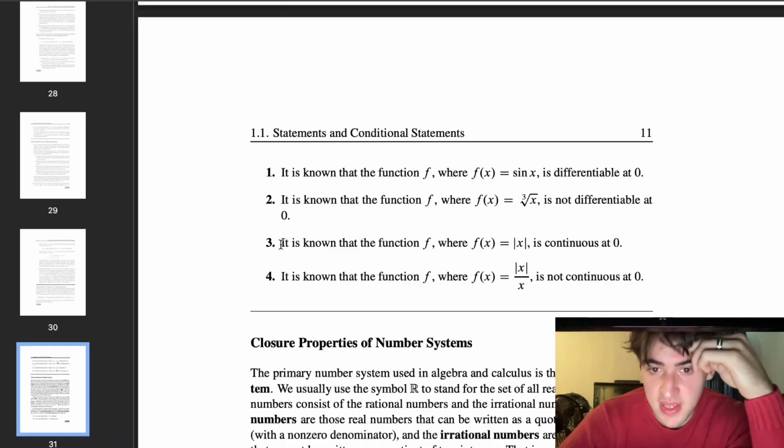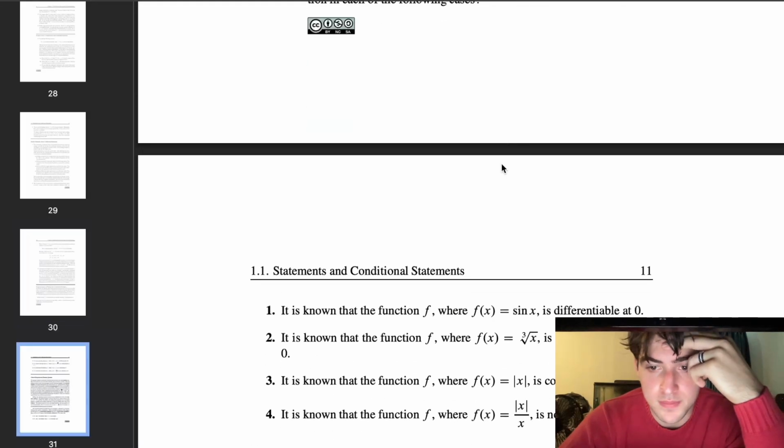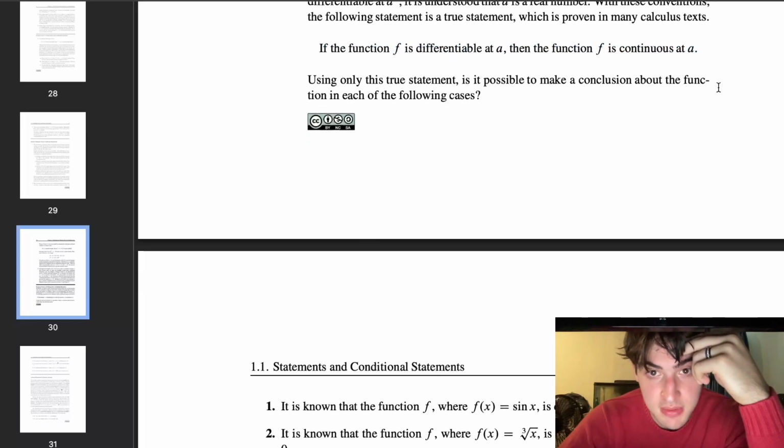It is known that the function f, where f of x equals absolute value of x, is continuous at 0. Does that mean that the function is differentiable at 0?